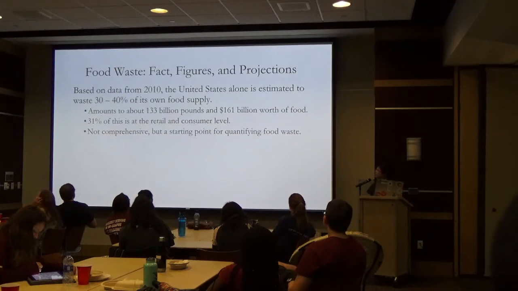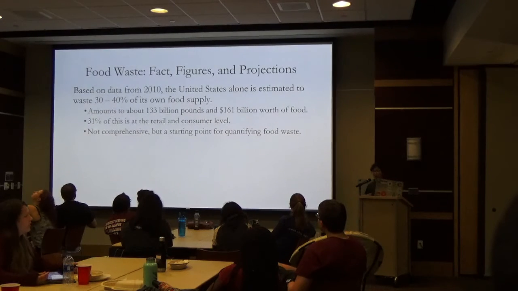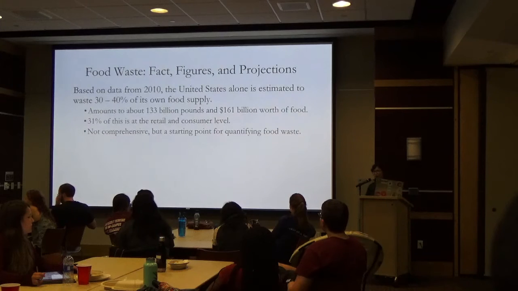But based on data from 2010, that's the most recent we could find, the US alone is estimated to waste 30 to 40% of its own food supply. And that amounts to about 133 billion pounds and 160-ish billion dollars worth of food.